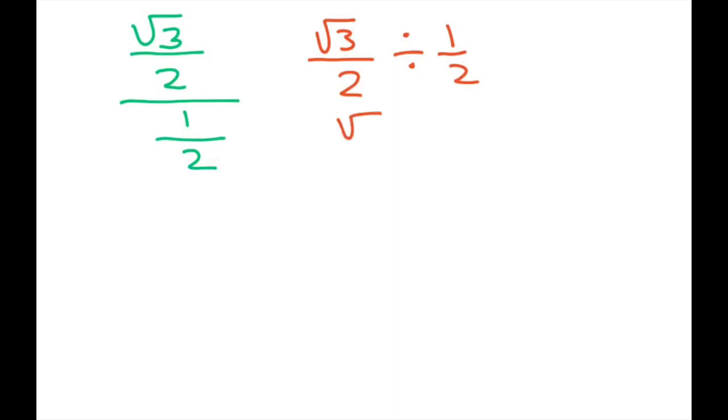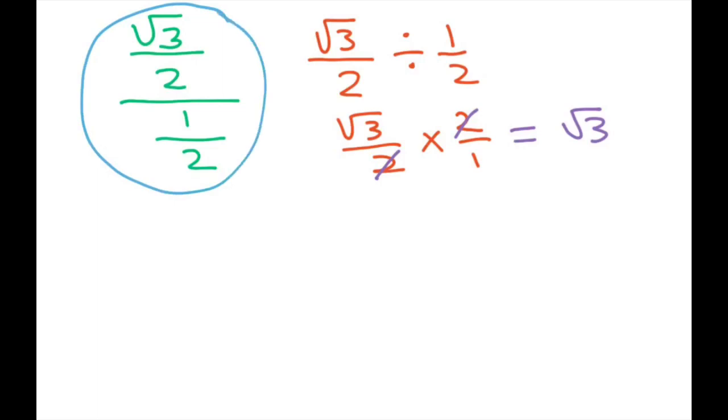So you're going to keep, change, and flip. And what happens here is these two cancel. So our answer is just square root of 3. So anytime you see something like this and our denominators are the same, we can just cross those out and get square root of 3.